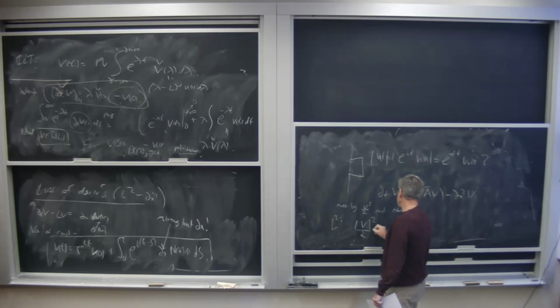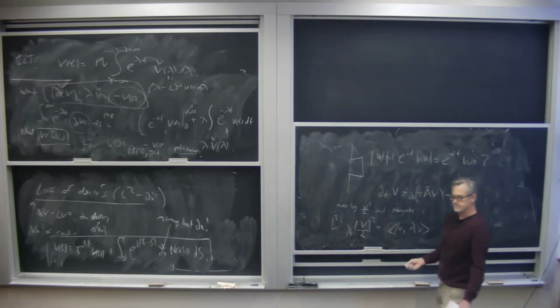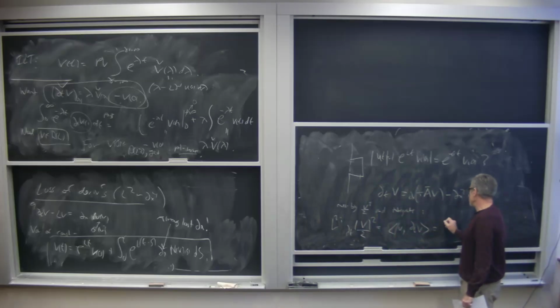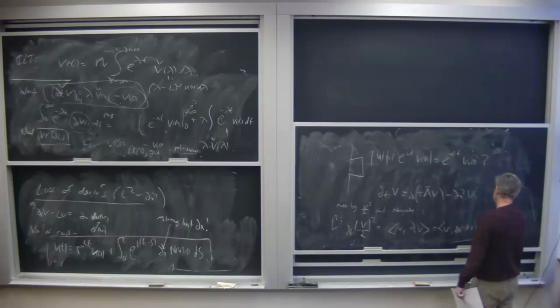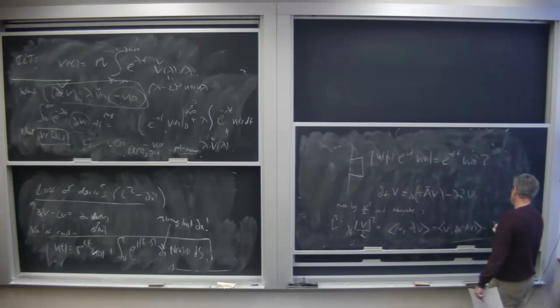So the L2 norm, dt, that's equal to dt of v against, L2 inner product, dt v. And that is v against the things shown here. So it's v against dx negative a bar v minus dx squared v, against dx squared v.